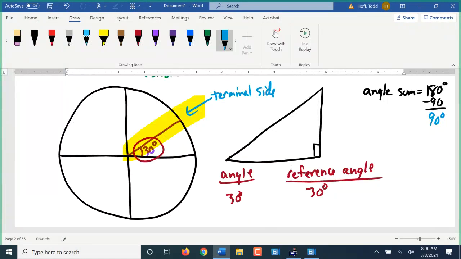That was where if we started at 0, right here, and we rotated around counterclockwise, that's where we would end after rotating that many degrees. The reference angle is the angle between the terminal side and the reference diameter. That horizontal diameter, remember we said, was our main reference diameter. The vertical one was our complementary reference diameter.